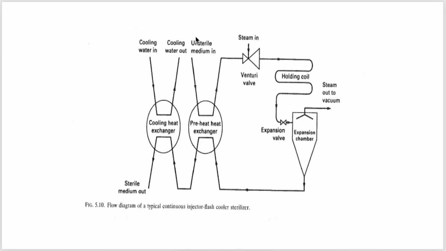We are injecting the unsterile media from here. In this direction they pass through the preheat heat exchanger, where sterile media is used as a preheater. So the unsterile media gets preheated. Then we directly inject the steam into it and hold them. Then we expand them into a larger volume.